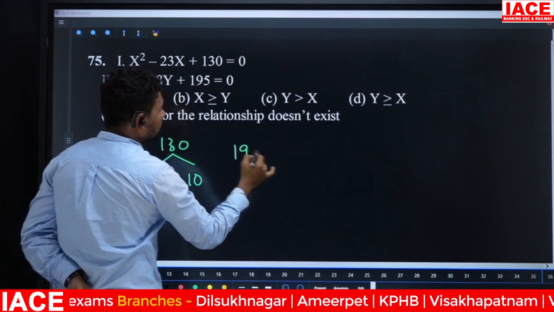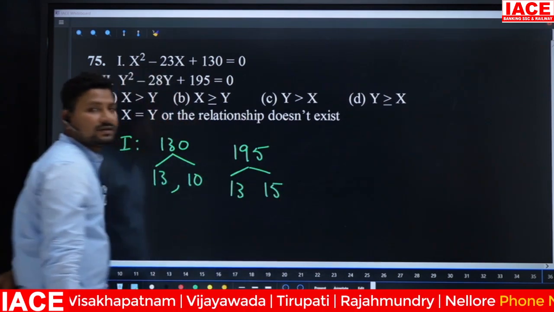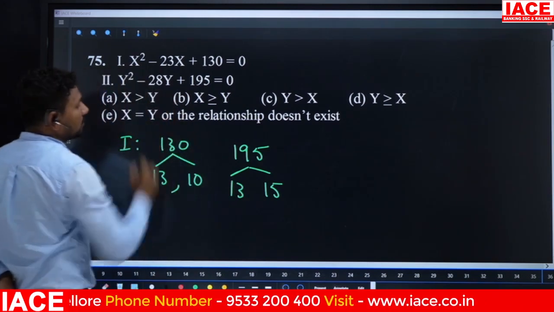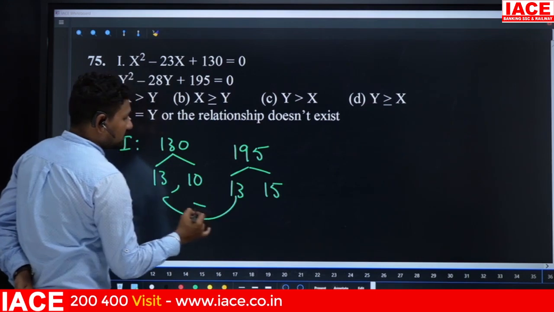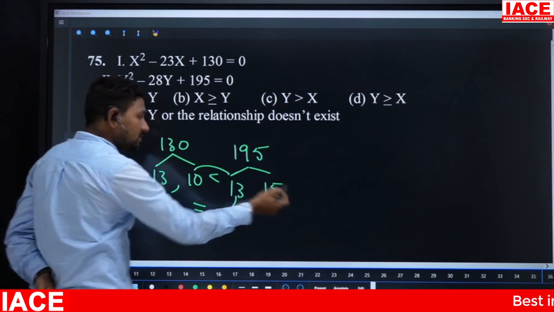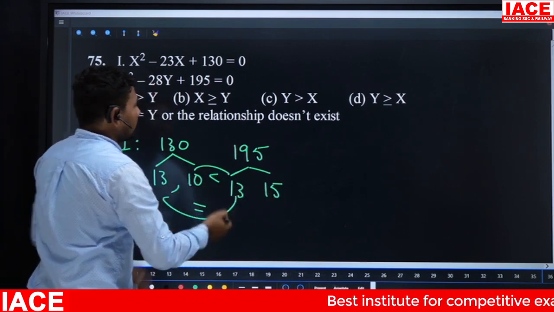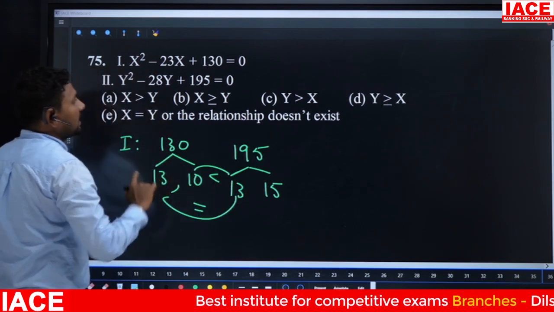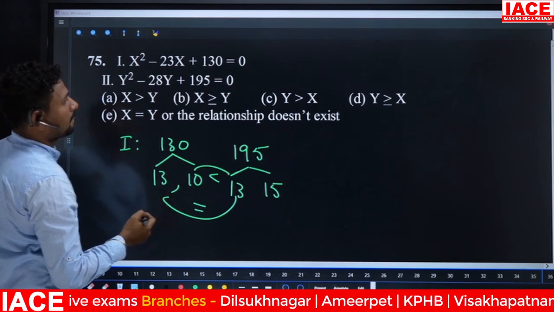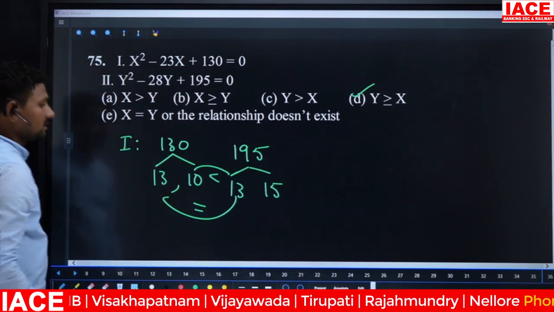And 195: we can write 13 into 15. 14 square value is 196 minus 1, that is 195, and 13 plus 15 is equal to 28. Compared to 13 comma 10, 13 is bigger, and 15 is bigger too. Then our answer: x and y, means y is greater than or equal to x. Then x less than or equal to y. We can write y greater than or equal to x also. They have given a reverse combination.